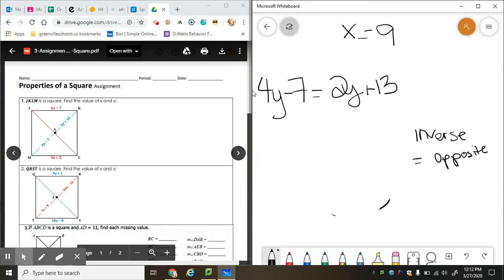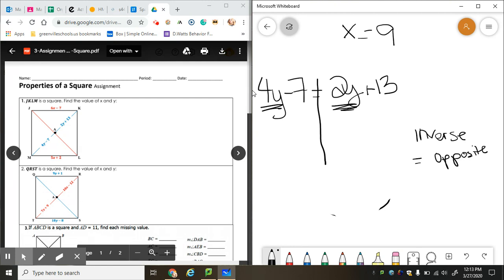Again, I'm going to solve by finding my two sides, underlining my y's, and moving the easier y. I say it's easier to move the smaller of the two, or the negative one. If they're both negative, you can move the smaller one. But you can move whichever one you want.